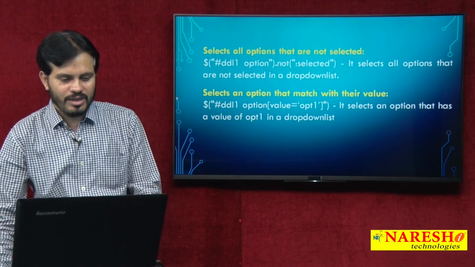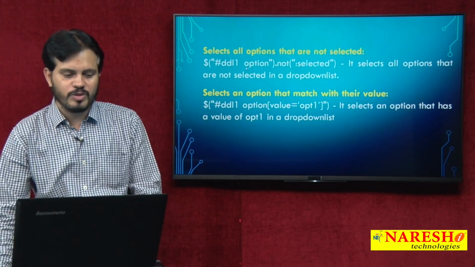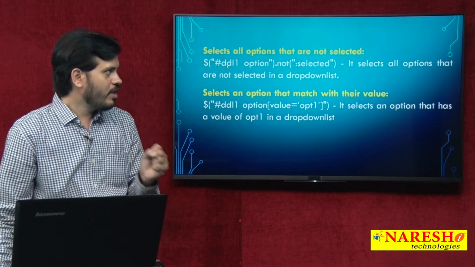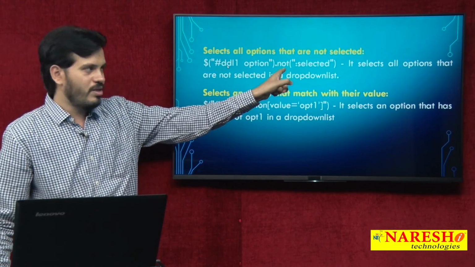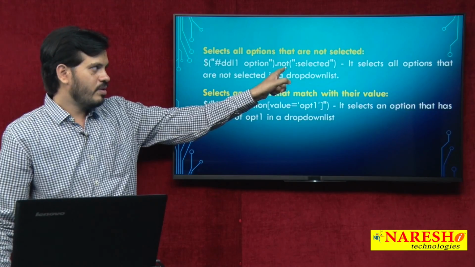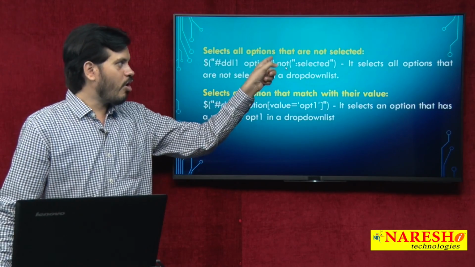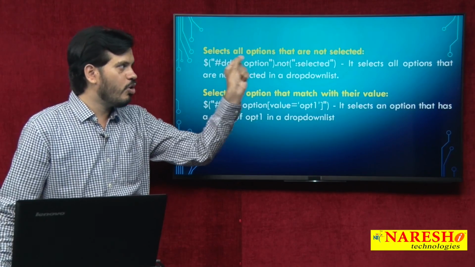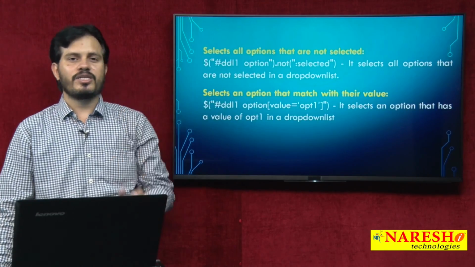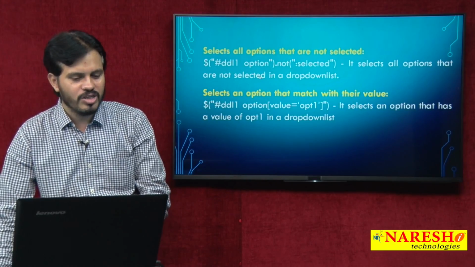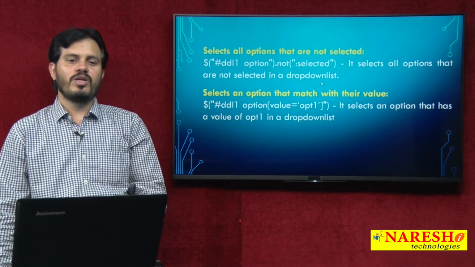Then what we do is $('#DDL1 option'), meaning all options in this drop down list 1, right? But here I am using the not method, .not, for those which are not selected. So among all these options, it filters only those options which are not selected. So we can say it selects all options that are not selected in a drop down list.